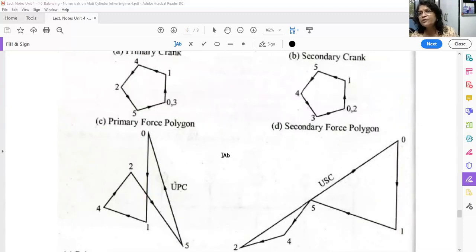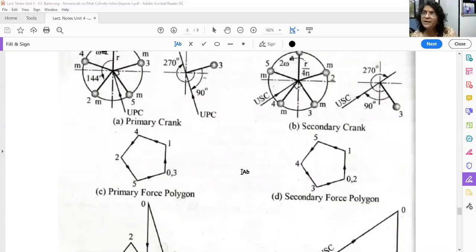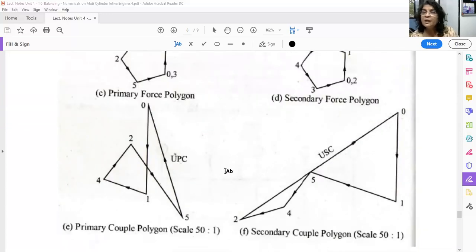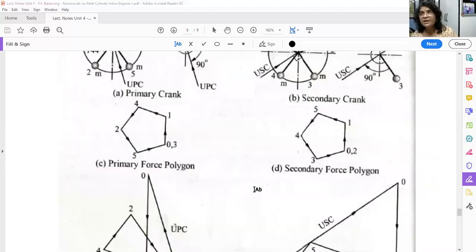There is no question of forces. Forces are balanced. You take any firing order, but the magnitude of the unbalanced couple is dependent on firing order. If your firing order is different, your unbalanced couples will have different magnitude. So this is homework for you. Try this different firing order.